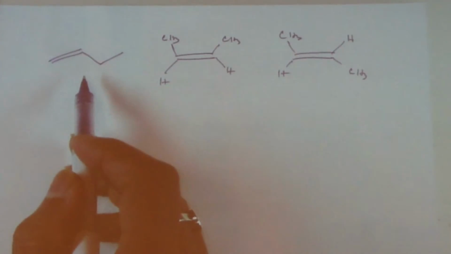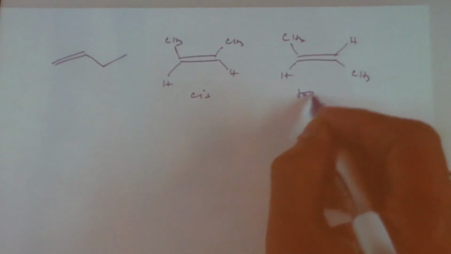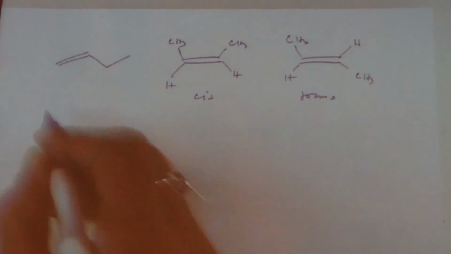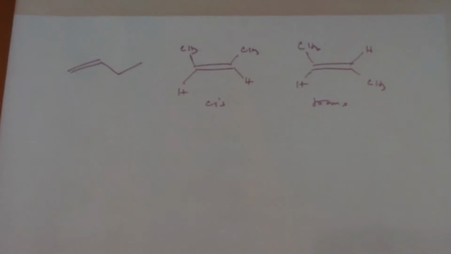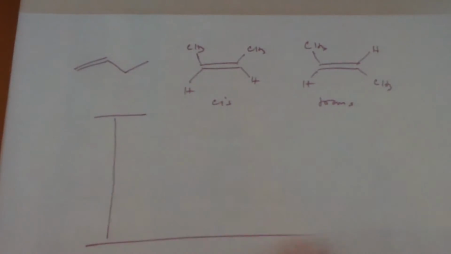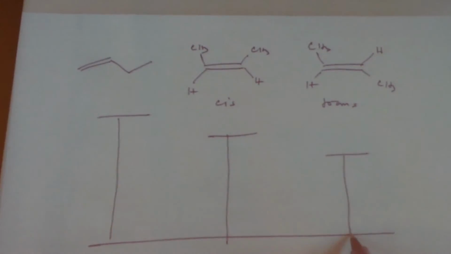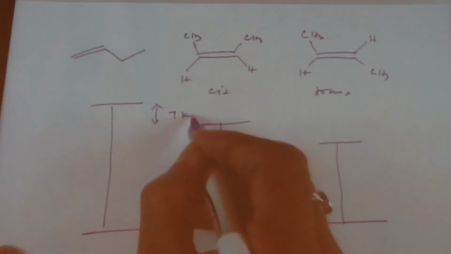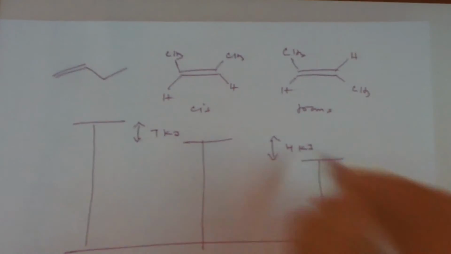This is a constitutional isomer, and these two are stereoisomers. This is cis and trans 2-butene, and this is 1-butene. So, as we have seen in the case of combustion analysis, the potential energy of trans is lower than cis, and trans is actually more stable than cis. And so the difference between these two is 7 kilojoules, and between these two is about 4 kilojoules difference.